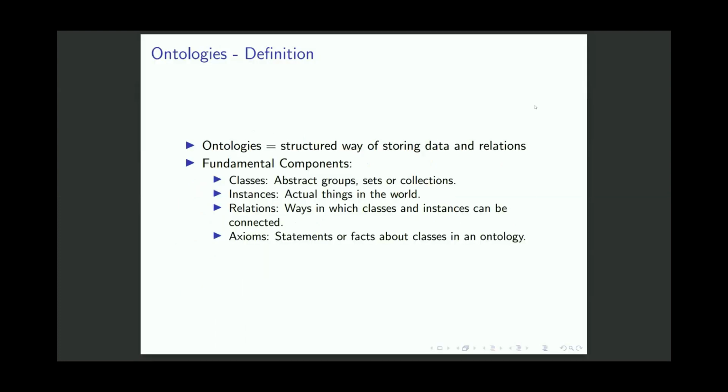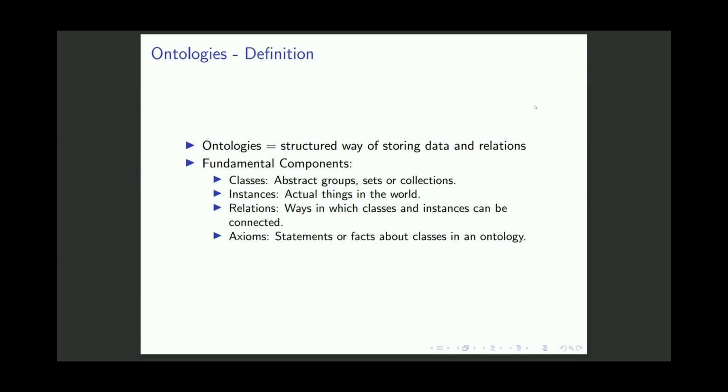Let's go to the theoretical background. A very simplistic definition of ontologies is just a structured way of storing data and the relations within that data. They have the following components: classes, which are like classes in any other field, like in math or object-oriented programming. We have instances, which are the actual things in the world, not a group.